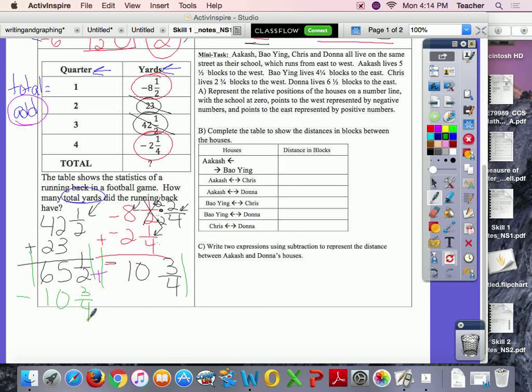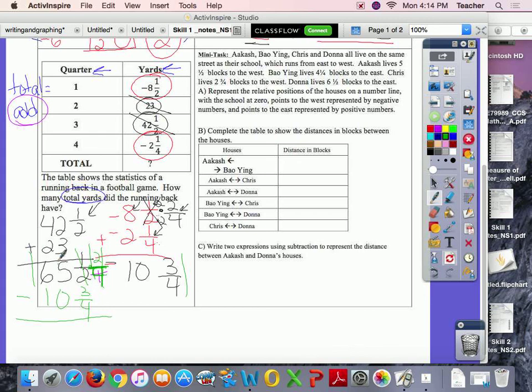Once again, we want to have the same common denominators. So we're going to just bump this up to 2/4. I'm writing over my equal sign here. 2/4. Can we do 2/4 minus 3/4? Well, we could, but it'd be easier if we just took a whole yard away from him.